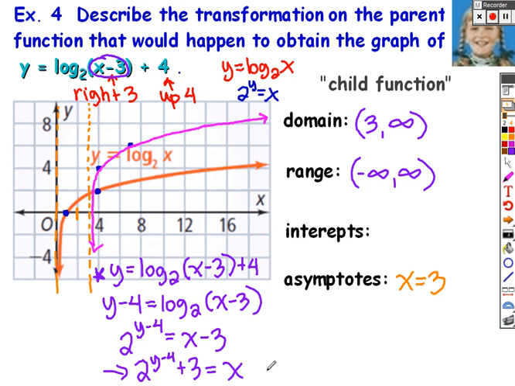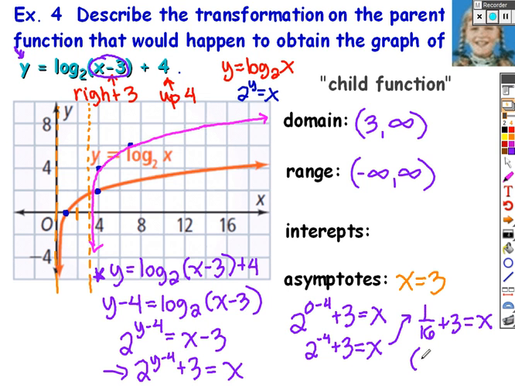If I want to find the x-intercept, that occurs when y is 0. So in my original equation, I could plug in 0 for y and solve. Or I'm going to plug it in here since I've just rewritten it. So if I make y equals 0, that should give me out my x-intercept. So 2 to the negative 4th plus 3 would be my x-intercept. 2 to the negative 4th is the same as 1 over 2 to the 4th, or 1 over 16.